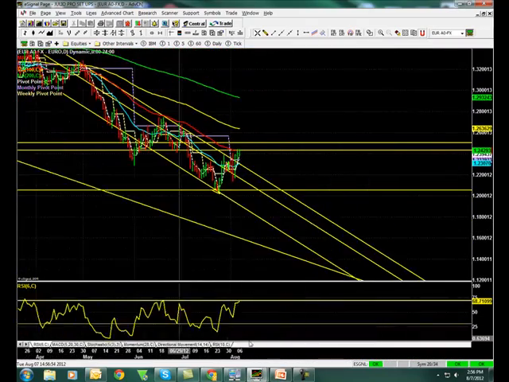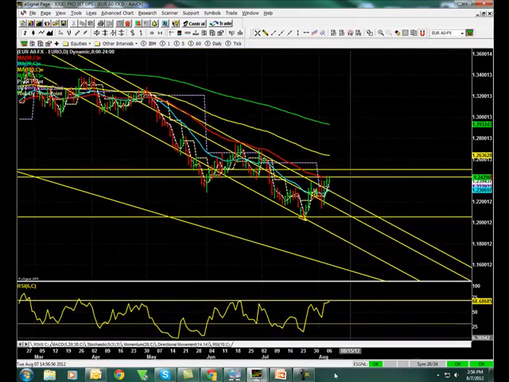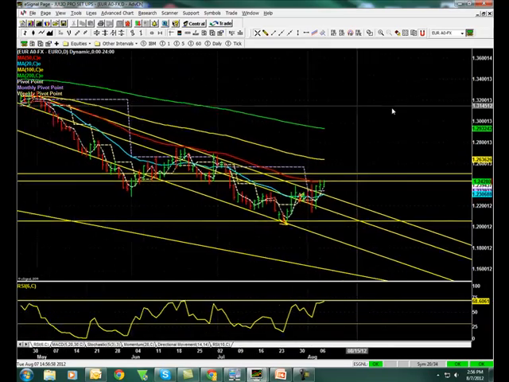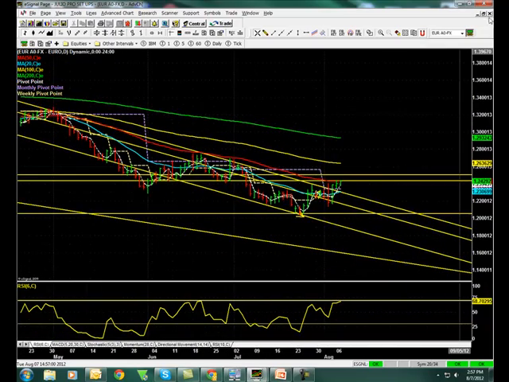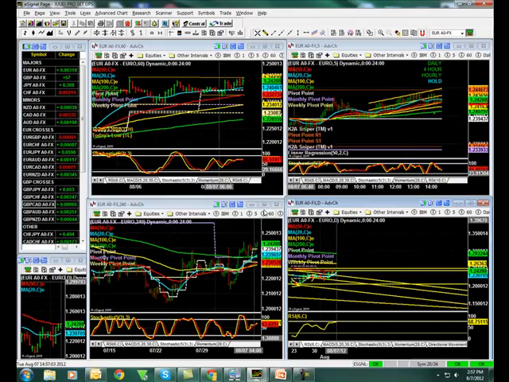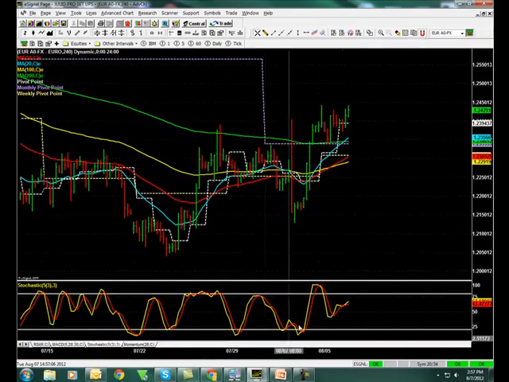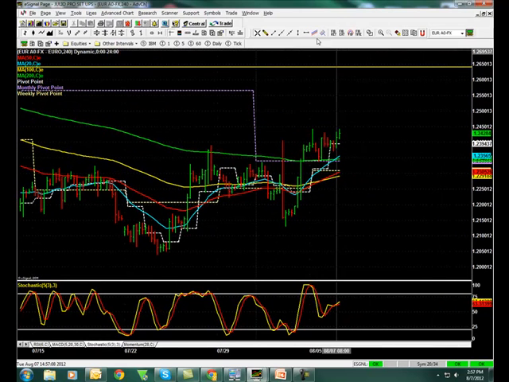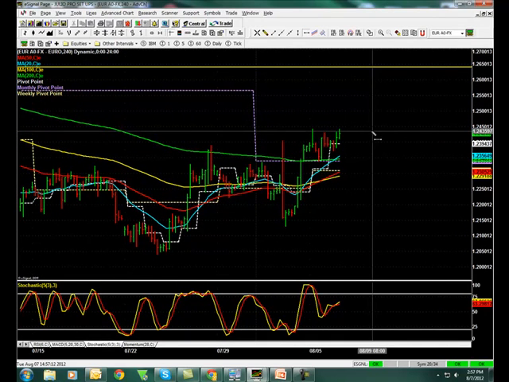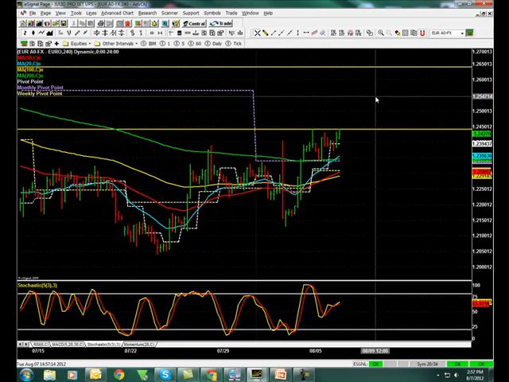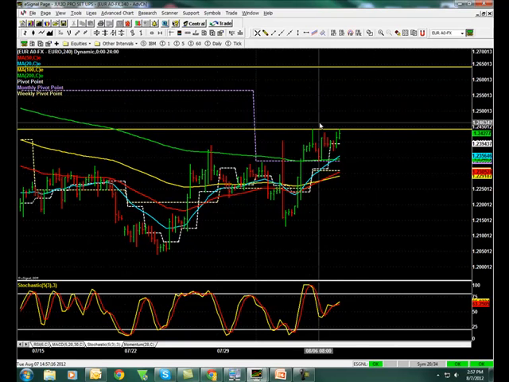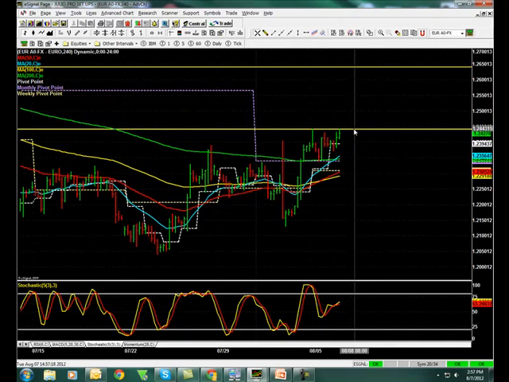Let's go back again. Now that we know what's happening on the daily chart, we're going to go down to the 4-hourly. This one here at the top is the level that we have on the daily chart. For now, it looks like it's struggling to break through this level to the upside.